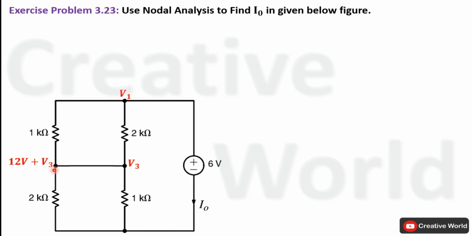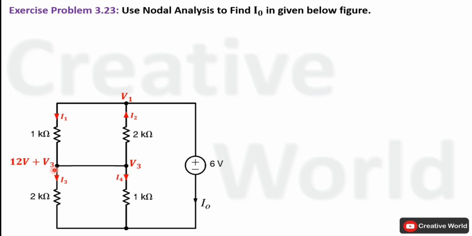In the next step, we have to assume all unknown branch currents along with their directions. Now only two nodes have been left, so there can be a maximum of two node voltage equations. One is this non-reference node and the other one is this supernode. But if we focus, the voltage across this non-reference node and the ground node is given in the form of 6 volt.